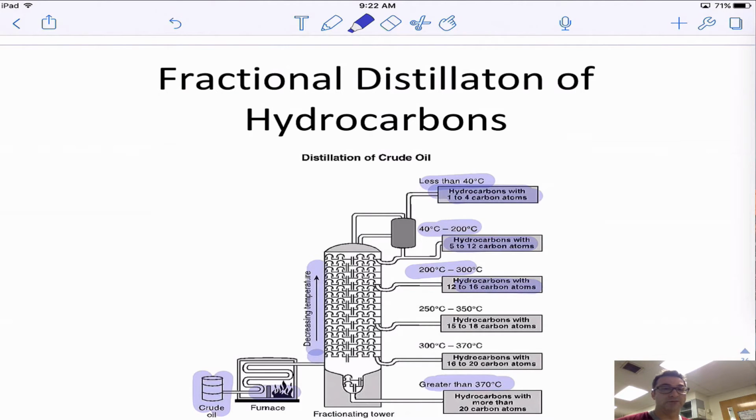This allows you to separate out all of the hydrocarbons based on their boiling point. It's just like any other distillation, but this is a really complex mixture that requires a high level of fractional distillation. This way you can really separate out the hydrocarbons. Once you have a mixture of 1 to 4, like methane through butane, then you can further refine those and isolate them further.